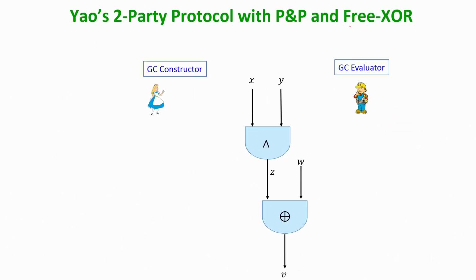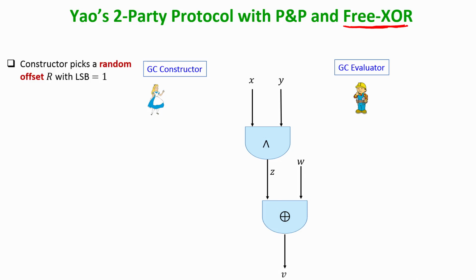Now, let us see the free XOR technique. How the free XOR technique allows us to completely get rid of garbling while garbling the XOR gates. That means, if there are XOR gates in the circuit, and if we are using the free XOR technique while preparing the garbled circuit, then neither the constructor nor the evaluator has to do anything to take care of these XOR gates.